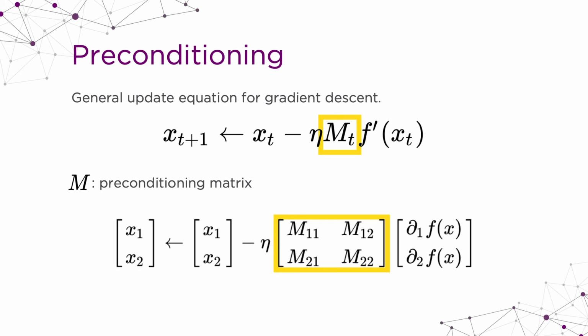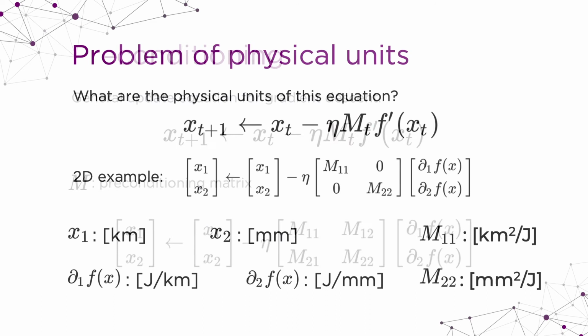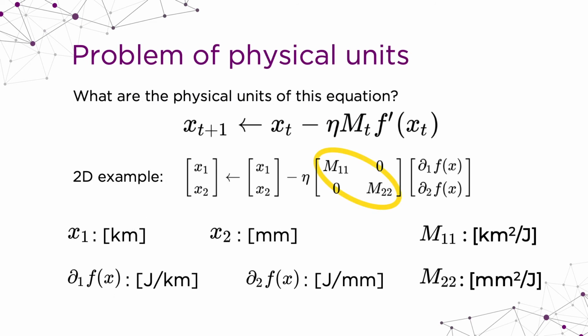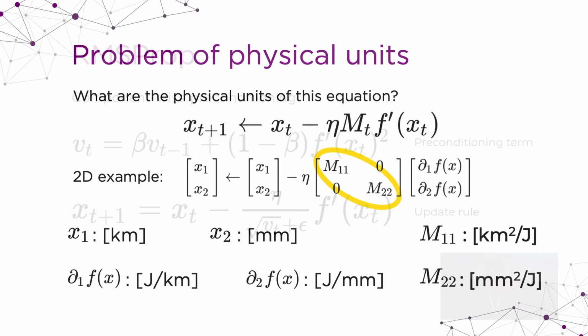Maybe I will lose this property that the gradient is a descent direction. So to be sure that I'm not reversing the descent direction, I must be sure that M is positive definite. And to be sure that M is positive definite, I just need to ensure that all my values are positive. They don't have different signs. And I will be sure to preserve the property that I have a descent direction. So this diagonal must be positive.